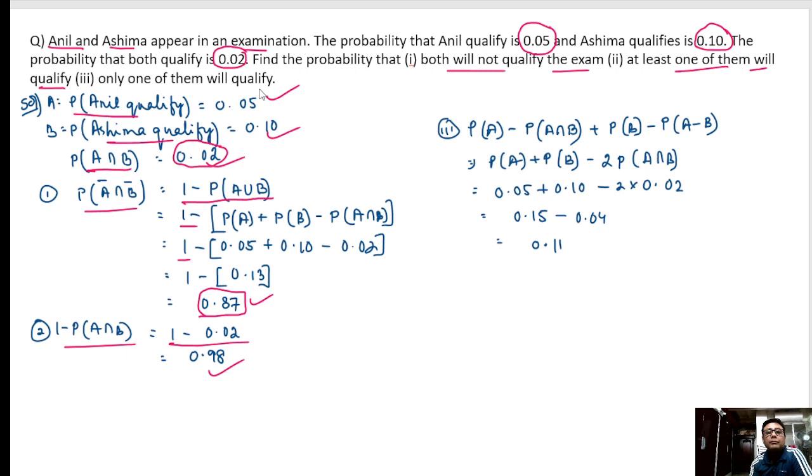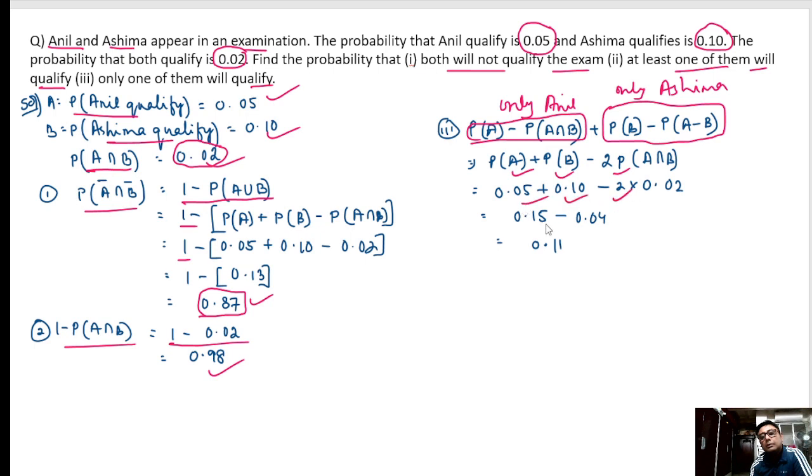Only one of them will qualify. Only one. So this is only A will qualify, that means only Anil, and this is only Ashima qualifies. So putting the values, this is the answer.